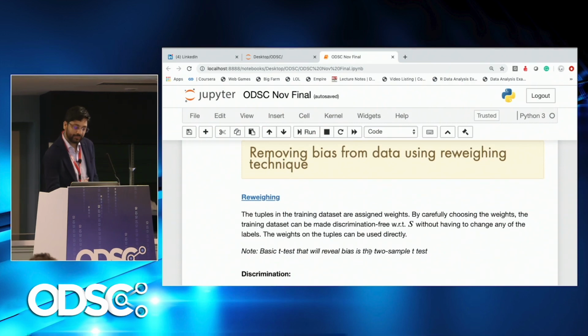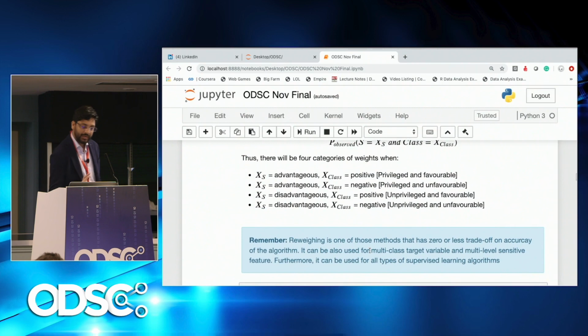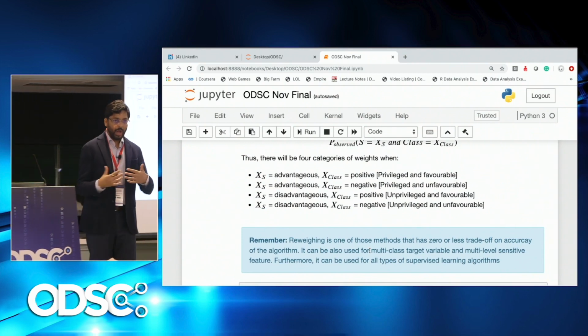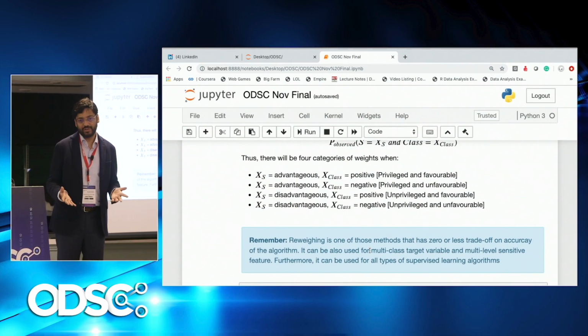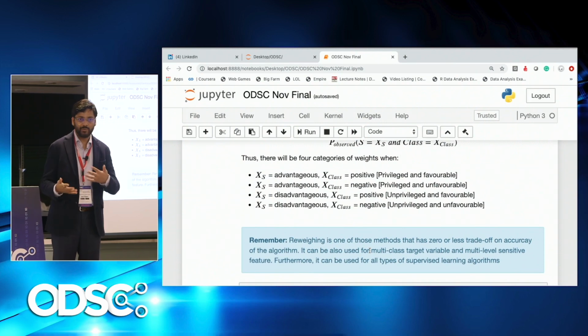Now we'll do something called a reweighing technique. What is a reweighing technique? How many of us know about something called a loss function? Most of us know about the loss function. So anybody, what is the objective of a loss function? It is to reduce my error, right?